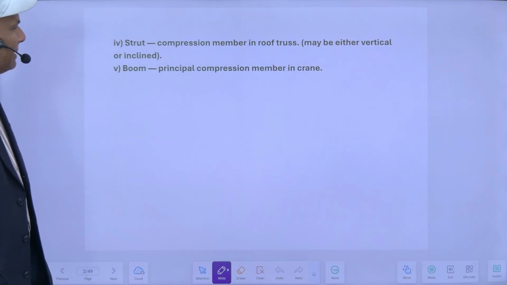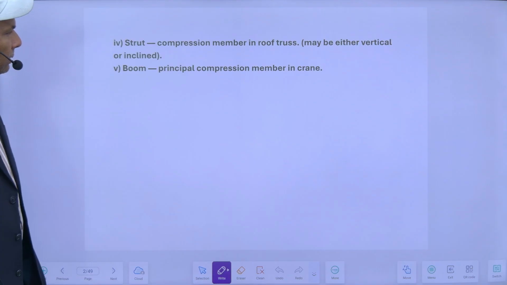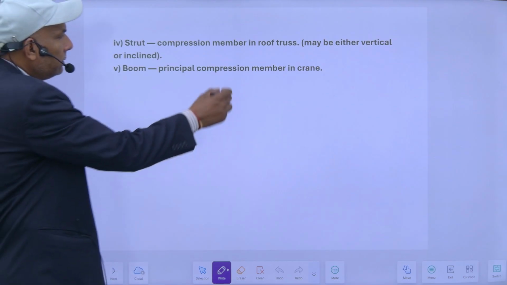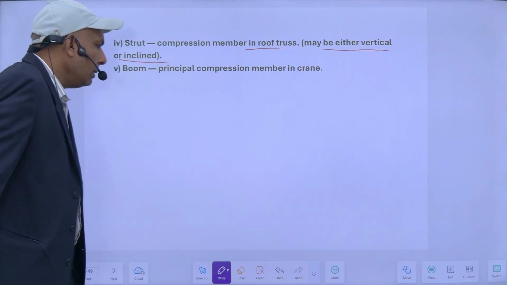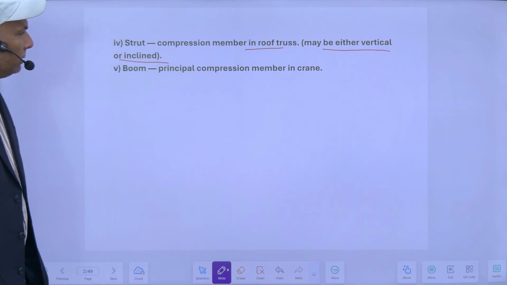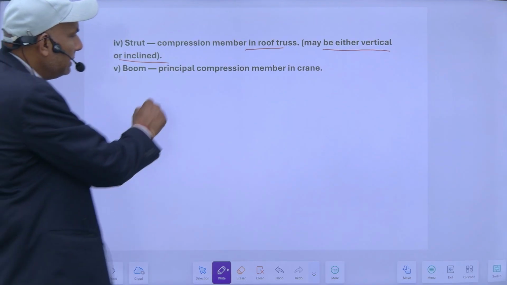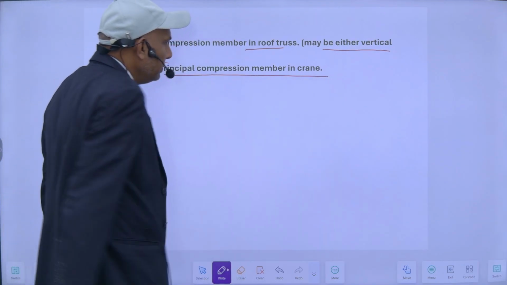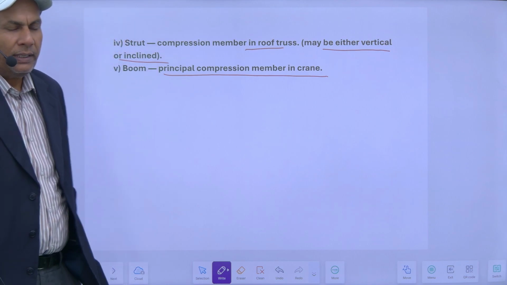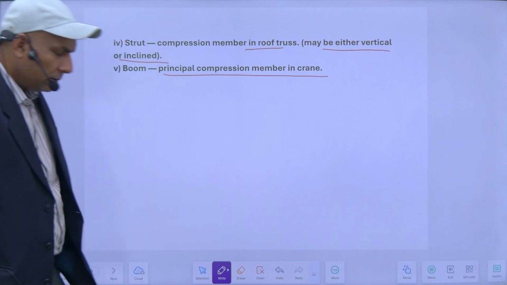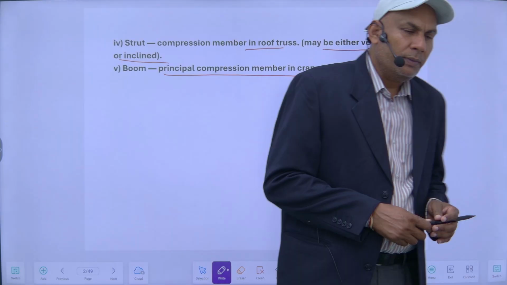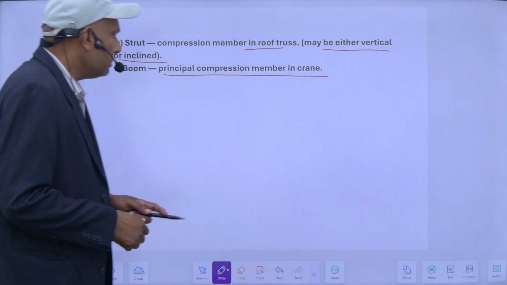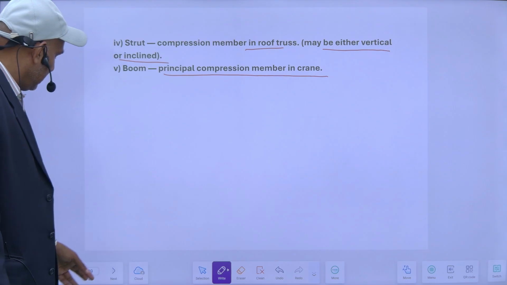A strut is used in roof trusses, and it may be either vertical or inclined. A boom is used in cranes. This is the principal compression member in a crane. So during lifting, moving, or putting down the load, we use this boom in crane operations.